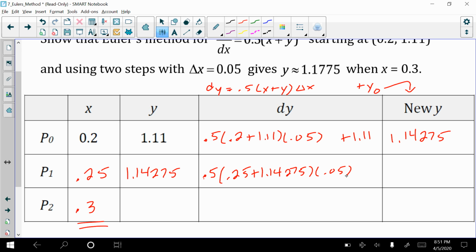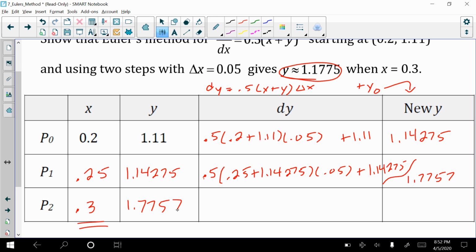Now we add the previous y number to it, the 1.14275, and when I do, I get a y value of 1.1775. My numbers have an extra 7 at the end here, but this is essentially where it's telling us to stop. Just go through the two steps to get there.